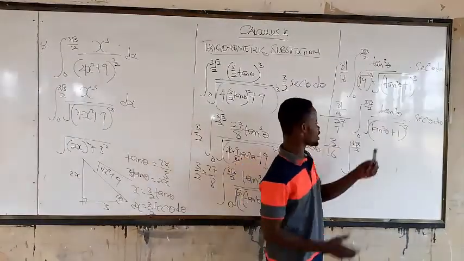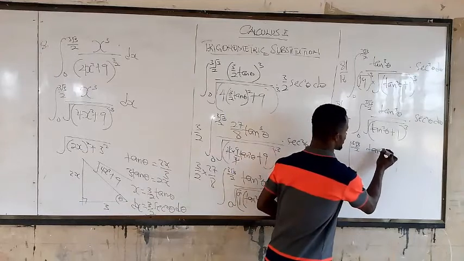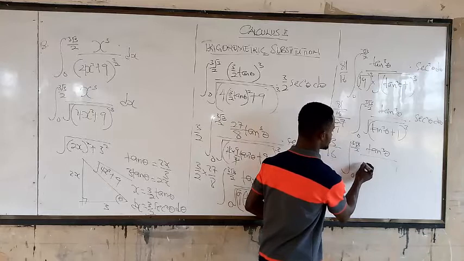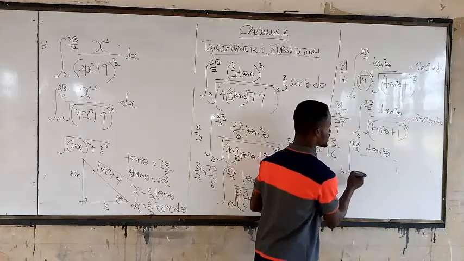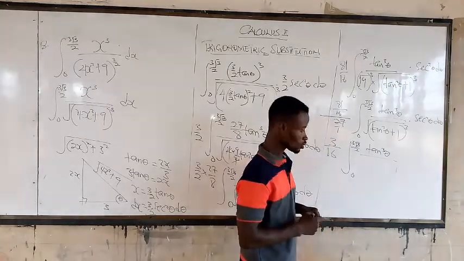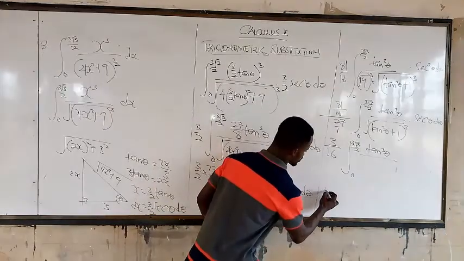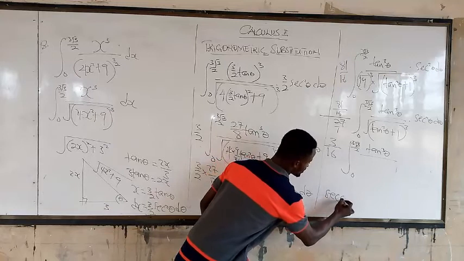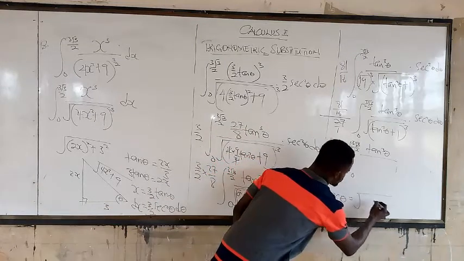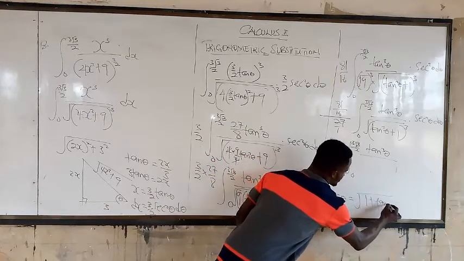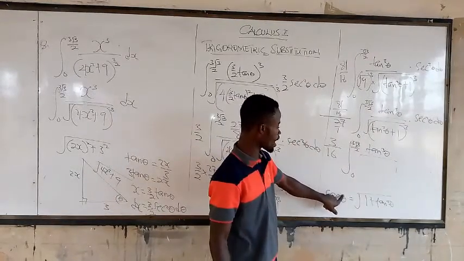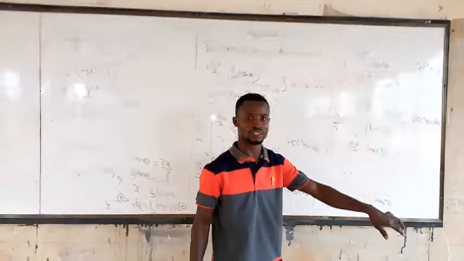Now, looking at what we have here, tan raised to the power 3 theta over the whole of the inside here. We know that, watch. We know that sec square theta is equal to 1 plus tan square theta.